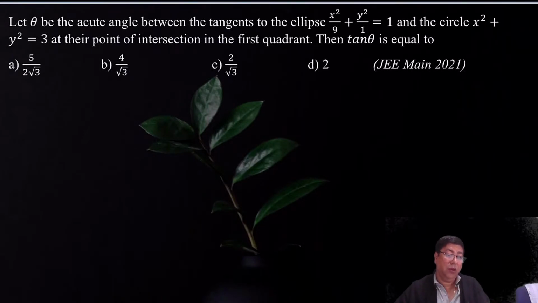Let theta be the acute angle between the tangents to the ellipse and the circle at their point of intersection in the first quadrant. Then tan theta is what?